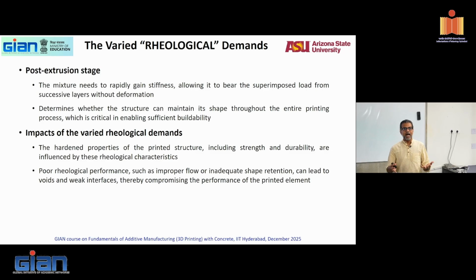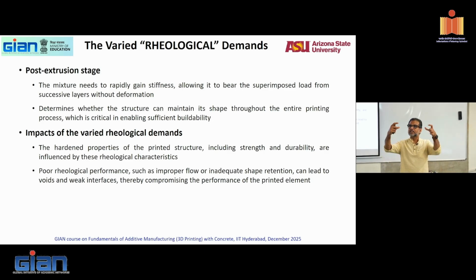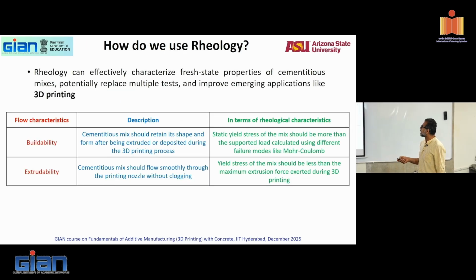Once you have extruded, it has to retain the shape without drooping, without changing its shape, because that determines the entire structural stability and properties of the built-up layers, right? So it's important that once you extrude it, those properties are all efficiently maintained.